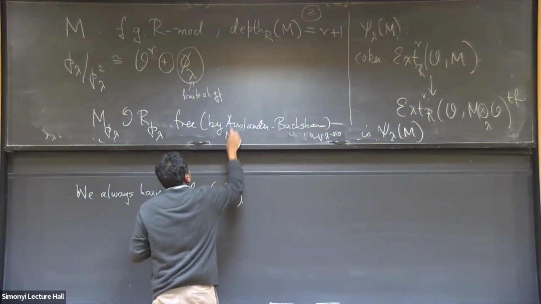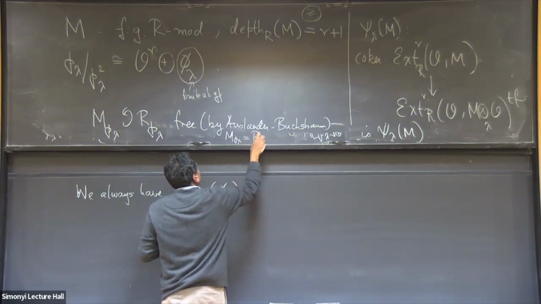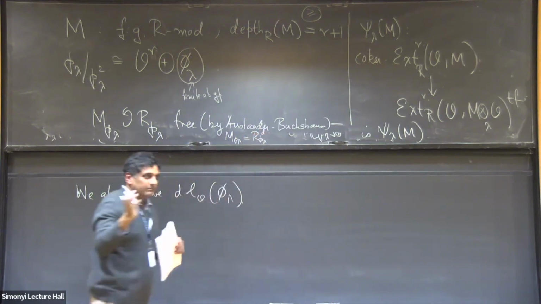So therefore, P lambda is equal to, just as before, R P lambda to the D, for some D, and that D plays a role.